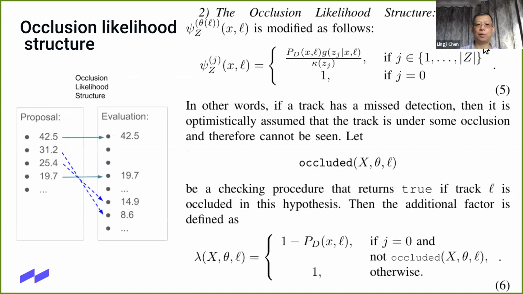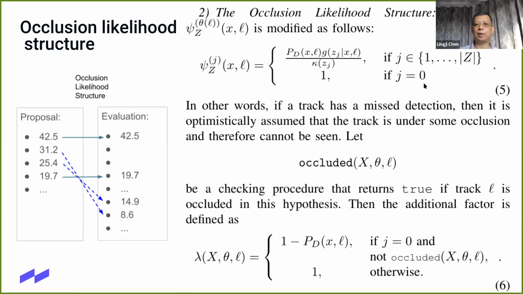Another case, we would have to modify this individual likelihood term slightly. So J denotes the measurement ID assigned to track labeled L. Now, if it is detected, there's a factor PD, probability of detection, there.